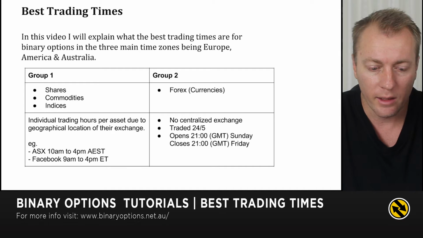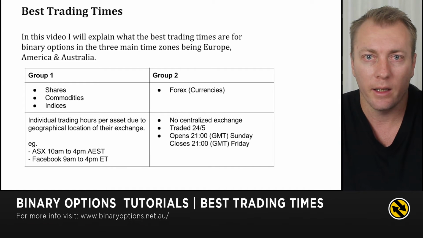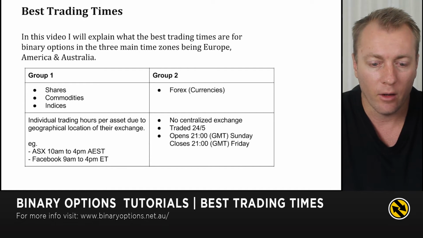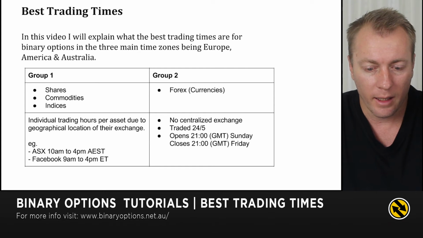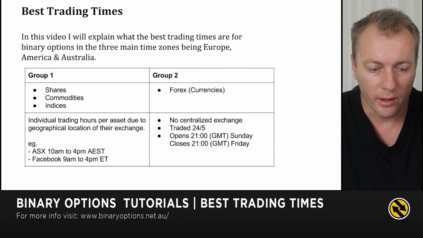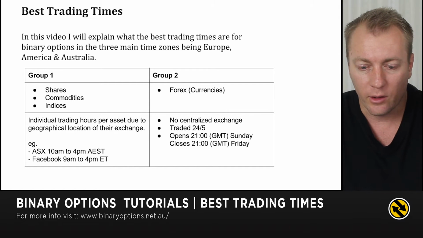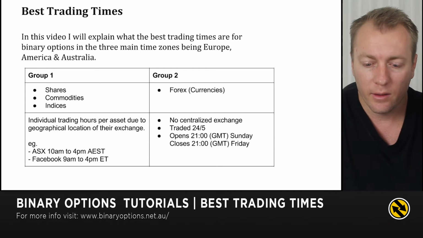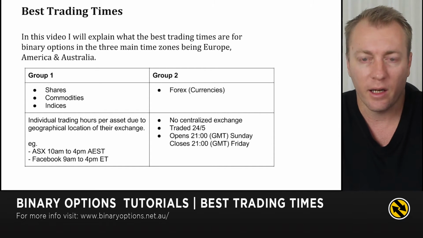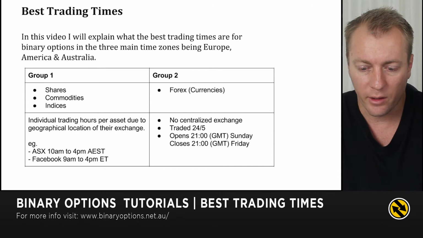commodities are a bit more like Forex, where they are offered across the various time zones, but they're closer to group one. And then there's group two, which is Forex or currencies. So this is all the Forex pairs. There's no centralized exchange.